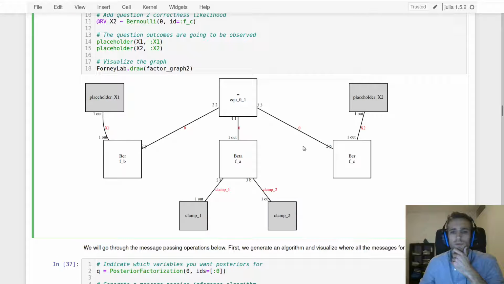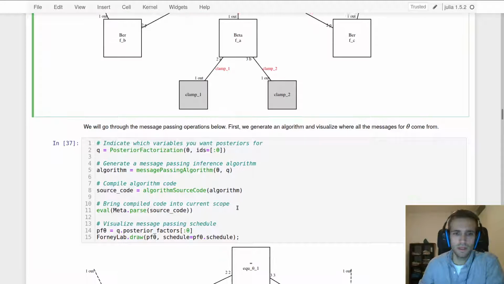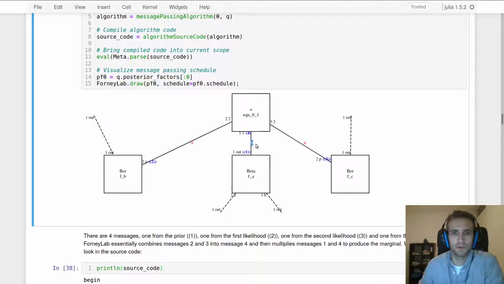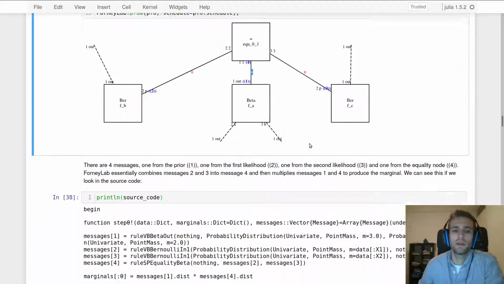And then we have 2 likelihood nodes that are Bernoulli distributed, Fb and Fc, and they're connected via an equality node here. If we ask ForneyLab for the message passing schedule for the unknown variable theta, it produces this graph where the prior sends out this message above, the likelihoods send out a message here, and then at the equality node it gets summarized and pushed down there.